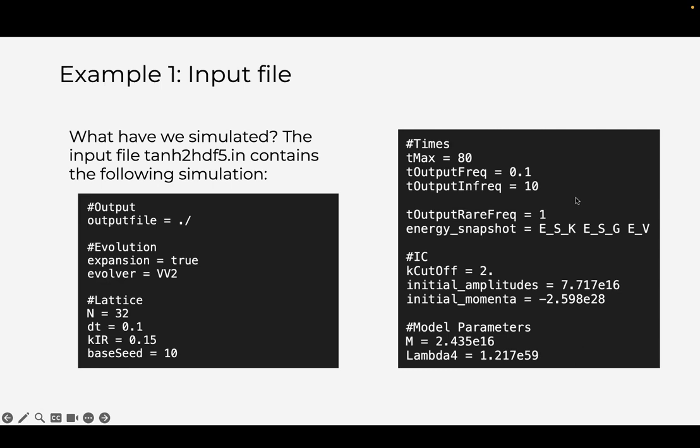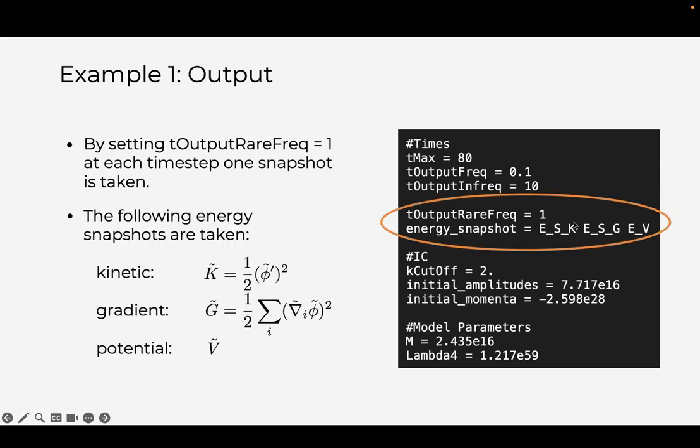We have output the kinetic, gradient and potential energy defined here, and we output at each time step, since we have put this output frequency to 1. This output frequency really indicates how often you output a slice, so here we have one snapshot at each time step.